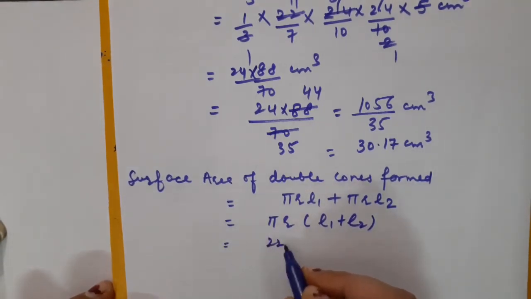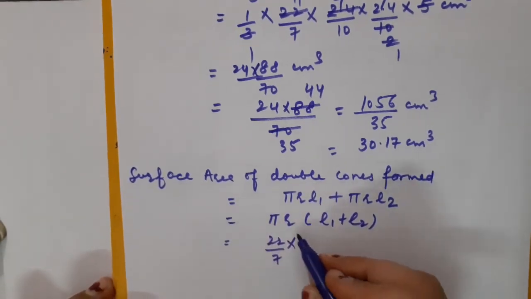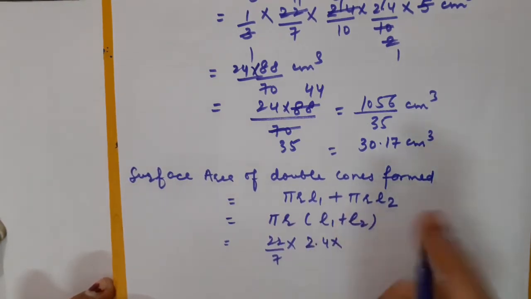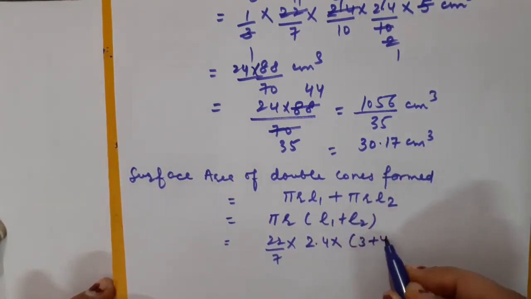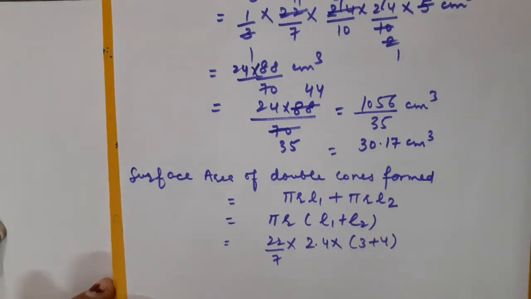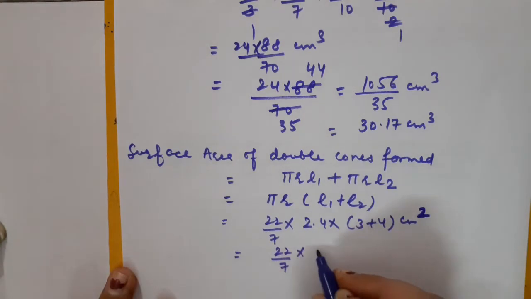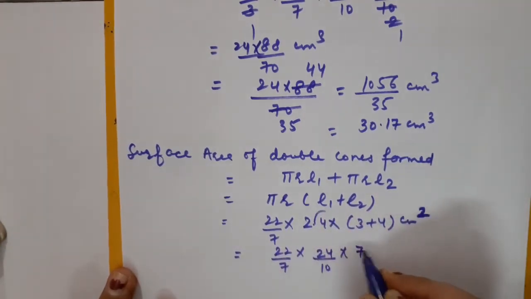In place of pi I am writing 22 by 7 into the radius, which you know is 2.4, into L1 plus L2, that is 3 centimeter plus 4 centimeter. So we will be having 22 by 7 into, while removing decimal, 24 by 10 into 7. 7 and 7 are going to be cancelled.